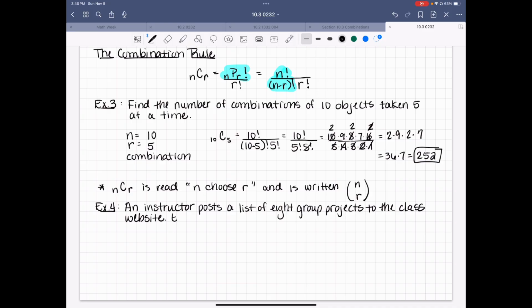Every group is required to do 4 projects at some point during the semester.